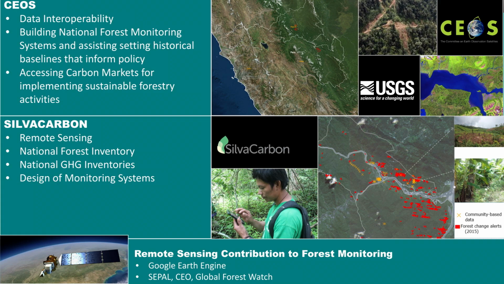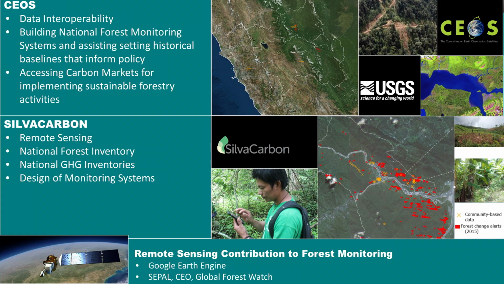The difference between the CEOS and the Silvacarbon program is that the CEOS is focusing on global data sets that many developers and universities generate of land cover and also biomass, which are used in countries or can be validated and calibrated with country-based data.